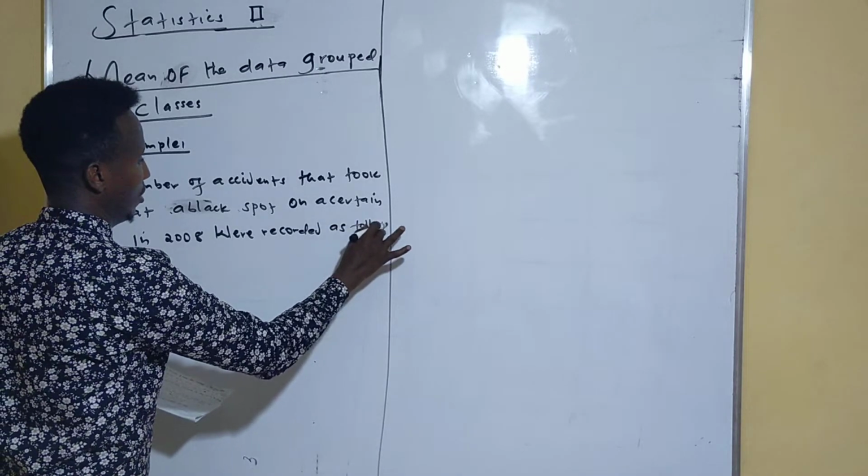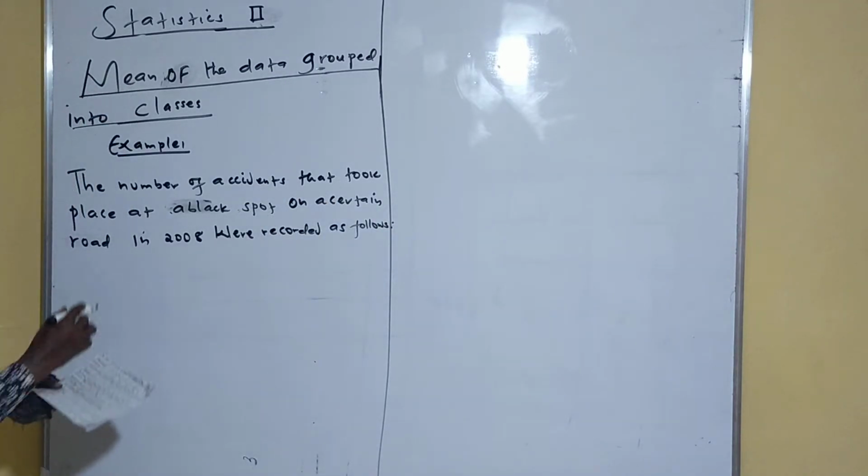So you'll be given the number of accidents, then under that we'll have the number of days.